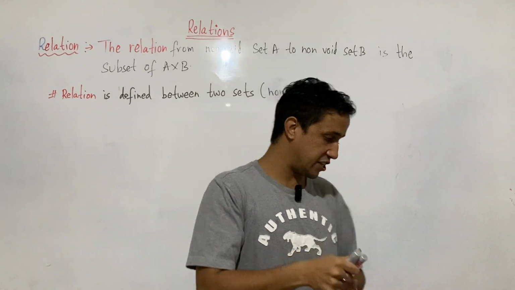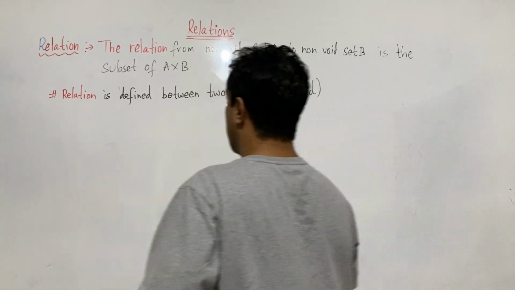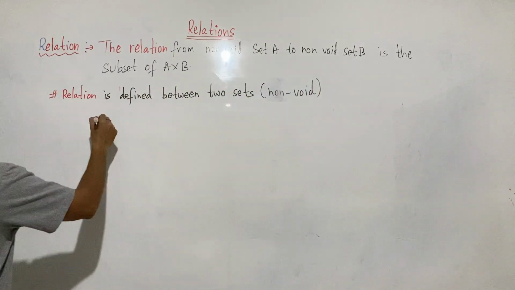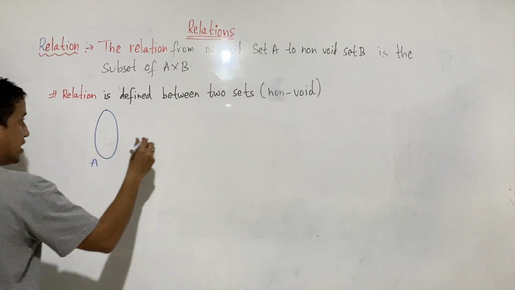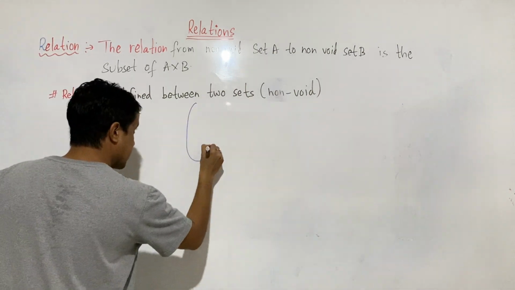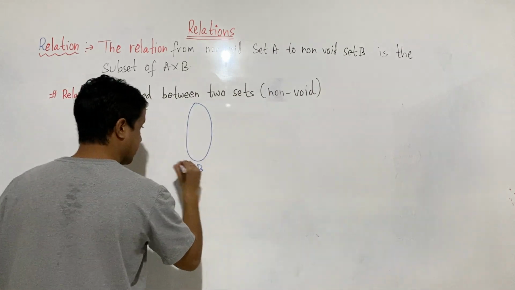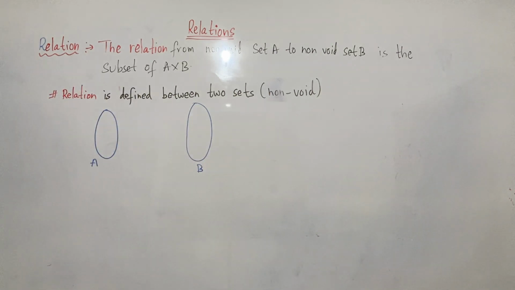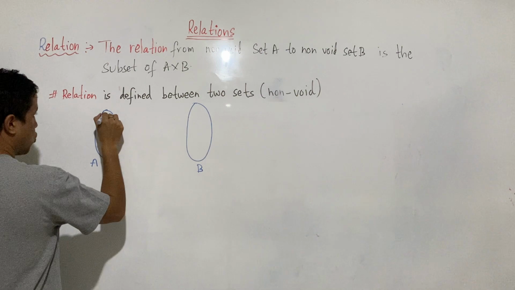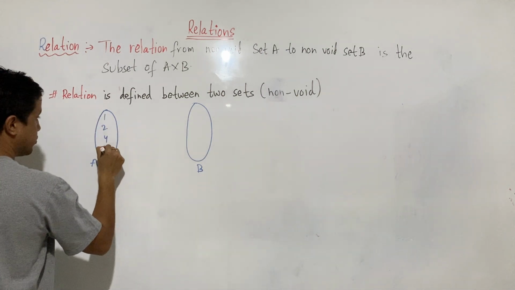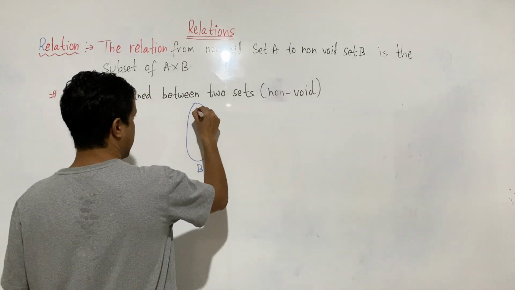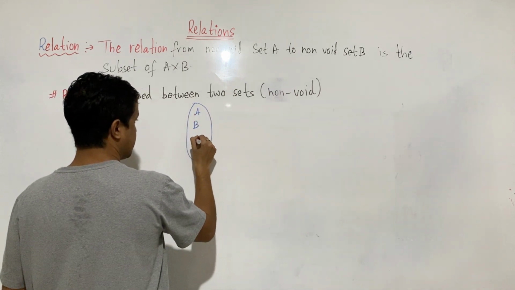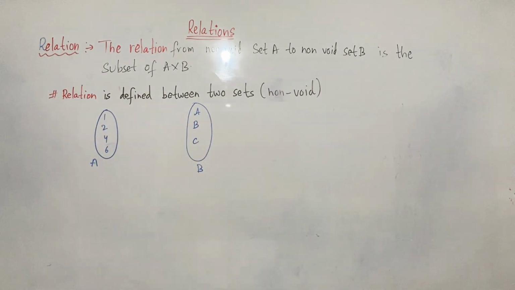Now what does it mean? Here I have set A. This is my set A. This is my set B. In set A, I have elements 1, 2, 4, 6. In set B, I have elements a, b, c.